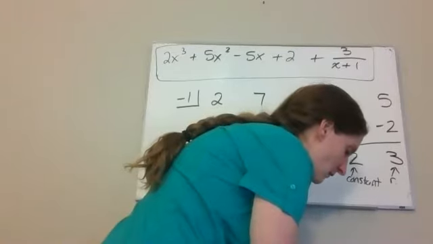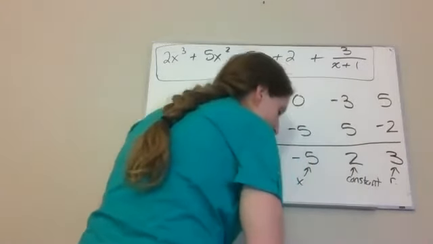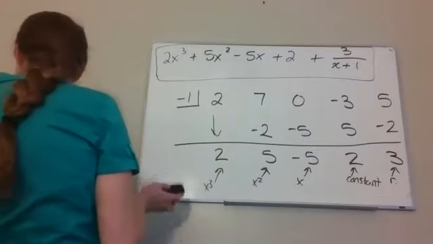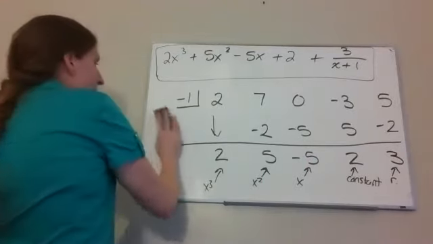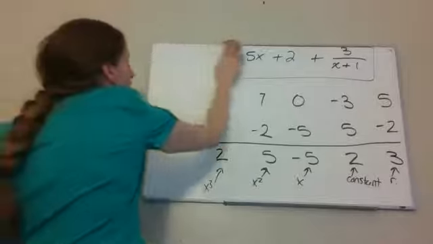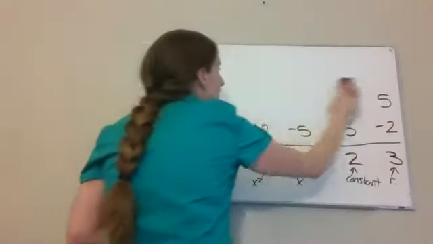So now we've learned about how to long divide polynomials and synthetically divide polynomials. Now we need to learn that remainder theorem and that factor theorem that I mentioned at the very beginning.